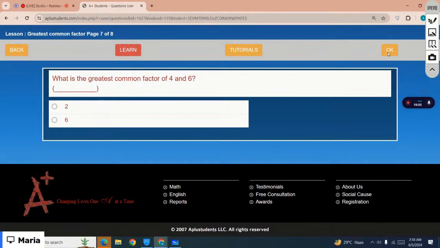The correct option is 2. The GCF is 2. Very good.